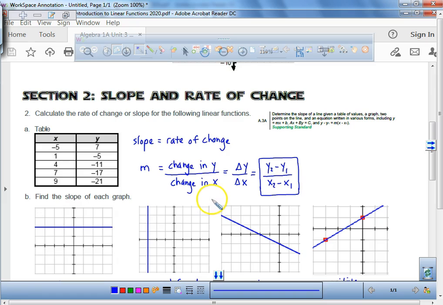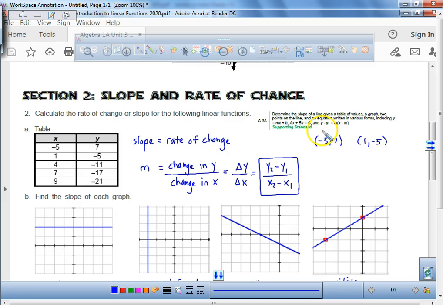Now we can actually choose any ordered pairs, any set of ordered pairs that we want. So I'm going to choose negative 5 and the 7. And then I'm also going to choose 1 and negative 5. So I could have chosen any set of these ordered pairs, but I'm just going to choose these ordered pairs.